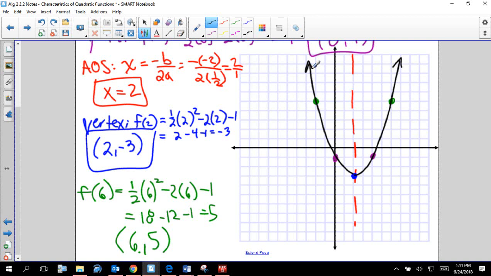We have our graph. So that was reviewing everything we've already done. Now we gotta do the new stuff.